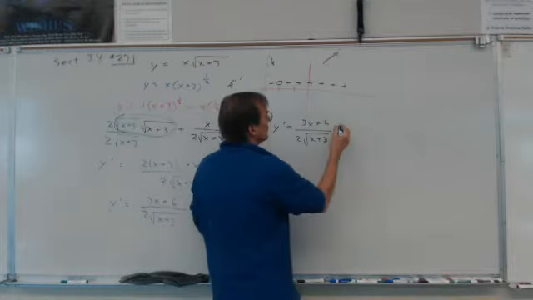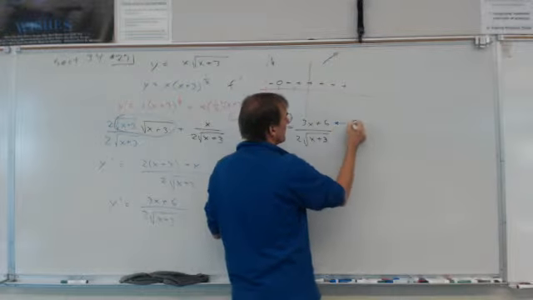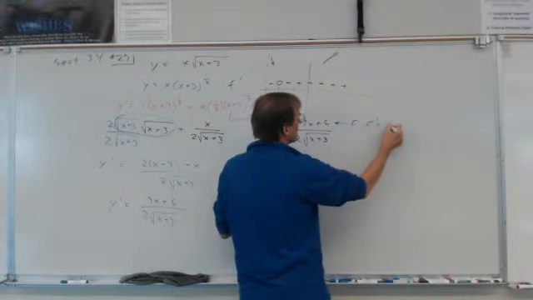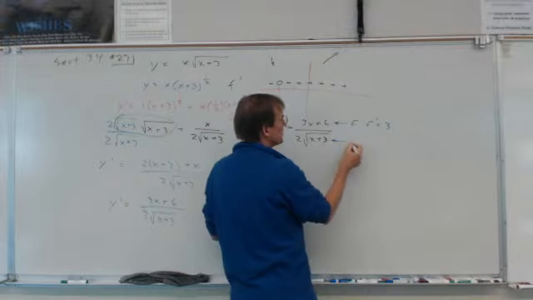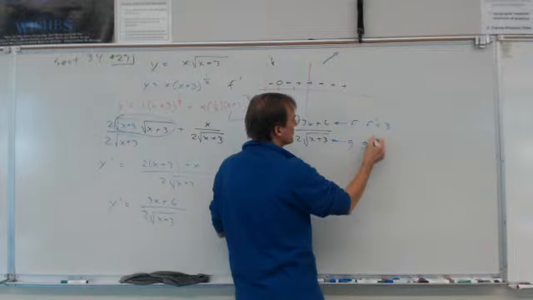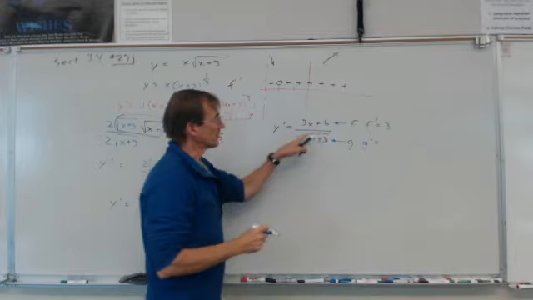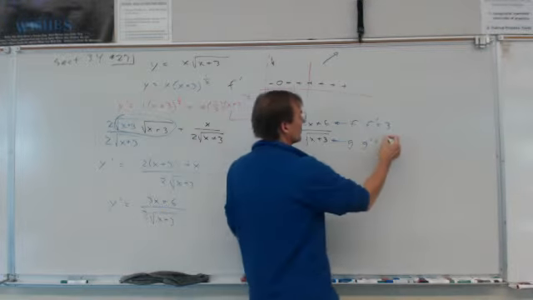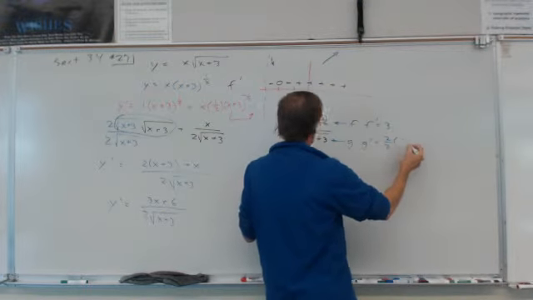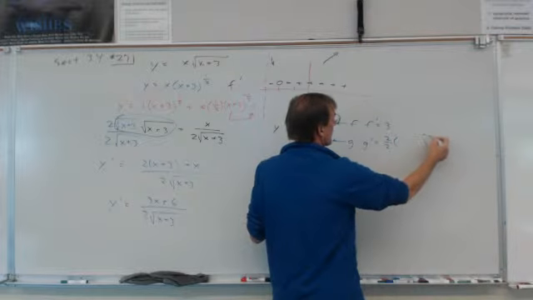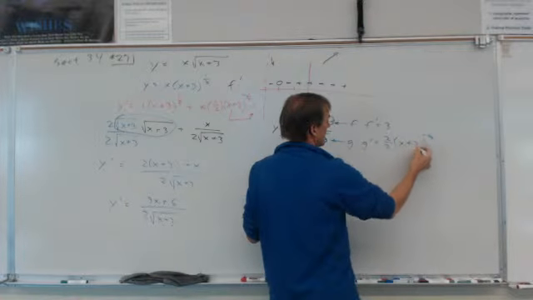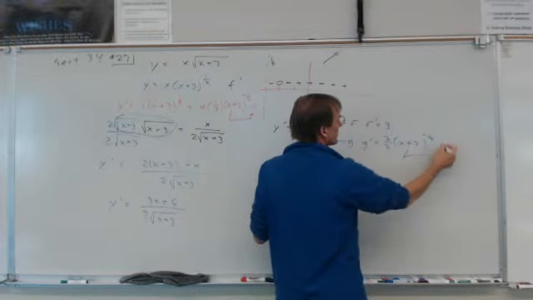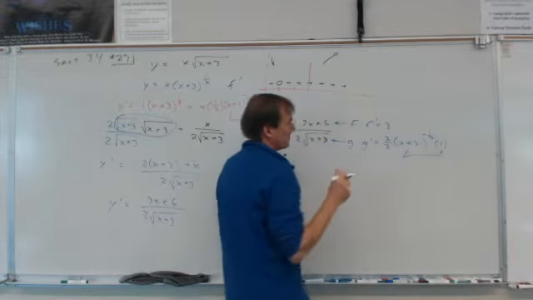So if we say this is f here, then f prime will equal 3. If we make the bottom g, then g prime is going to be, bring the 1/2 down, it's going to cancel out, so it's 2 over 2, and then it's going to be to the -1/2 power. And the chain rule doesn't really do anything, you just multiply by 1.